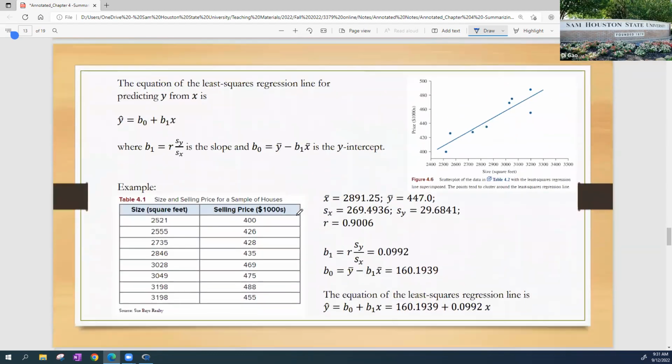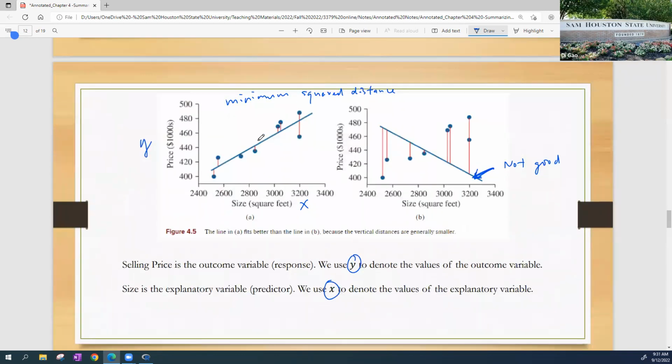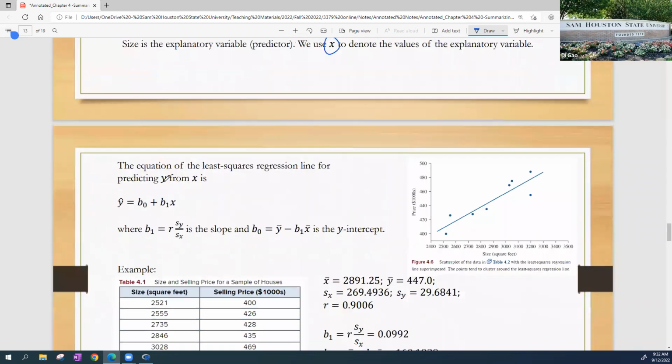Okay, if we want to use a line, we have an equation for the line: y equals a plus bx, where a is the intercept and b is the slope. That's the standard equation for a line, mathematically.